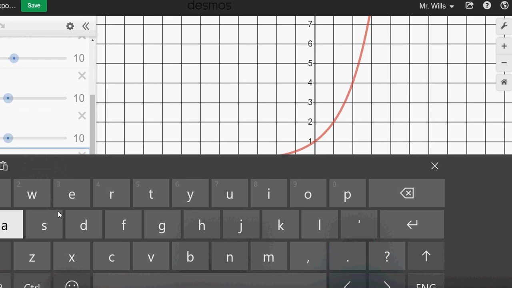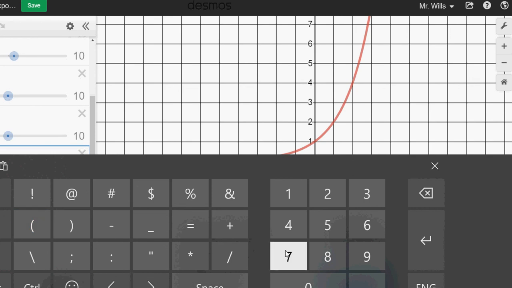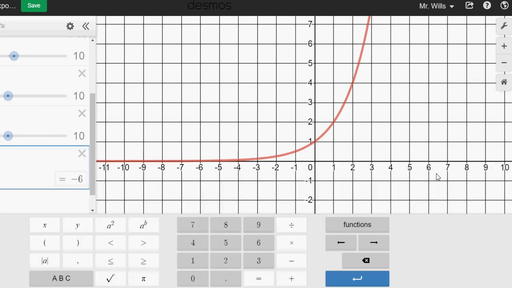Actually, I'll pull this here, so it is -2 bracket 3 and bracket. Oh, of course, I don't have the exponent button. Oh, here we go. Beautiful.